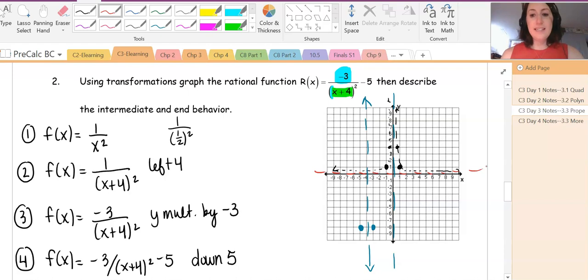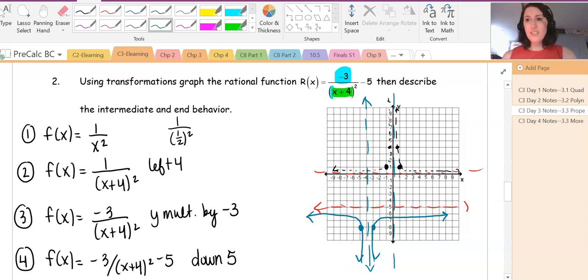We shifted it down 5. So guess where your horizontal asymptote is now? It's at -5. So your new graph is going to look something like this. Ta-da!